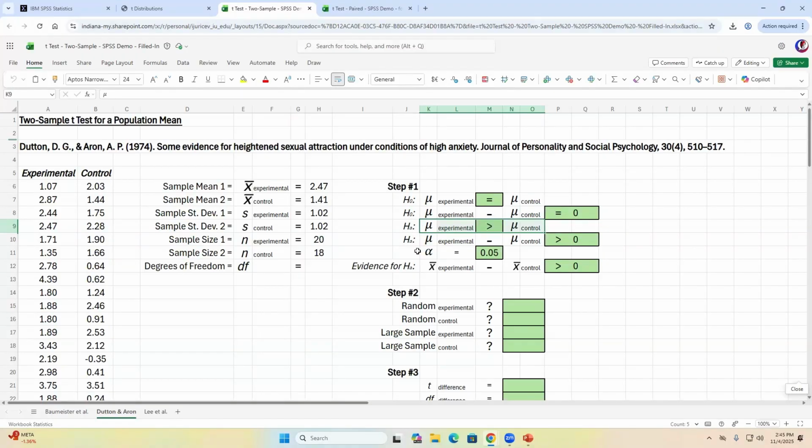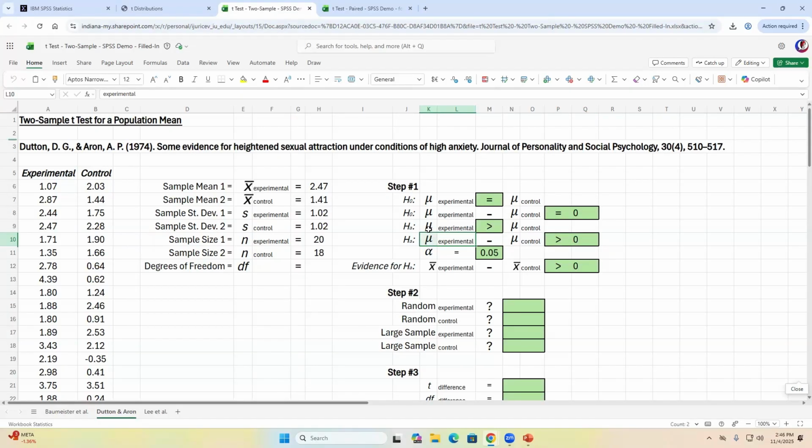So they made the alternative hypothesis that the population mean for the experimental population, the ones on the rickety bridge, will be greater than the average sexual imagery in the control population. The other way to write that is that the average sexual imagery in the experimental population minus the average sexual imagery in the control population will be greater than 0, because we're expecting the experimental population to have more sexual imagery.